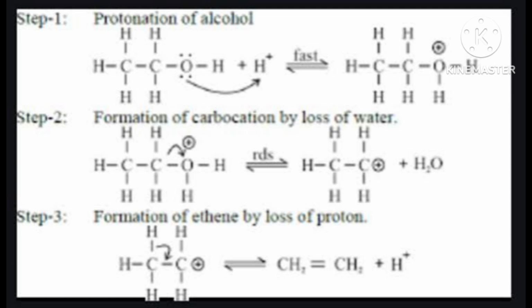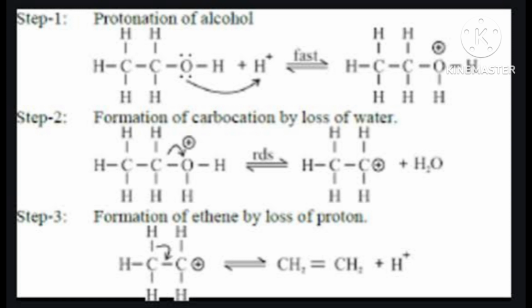Then positive and negative will make a bond. That's why both carbons will make a double bond, and the alkane will become alkene. These are the major things I have told you. Now I am telling you with an example, so you can understand.